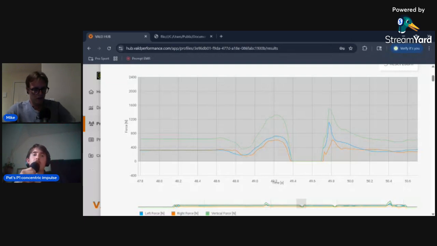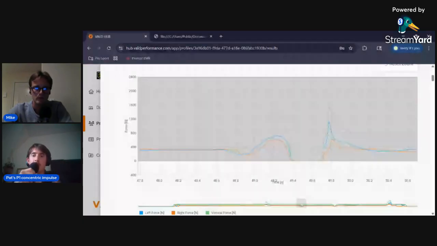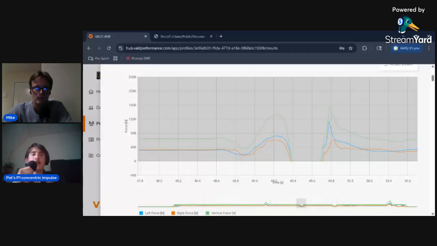Can she do a step off where she's accepting load through that right side in a deep knee flexion angle and going up from there?